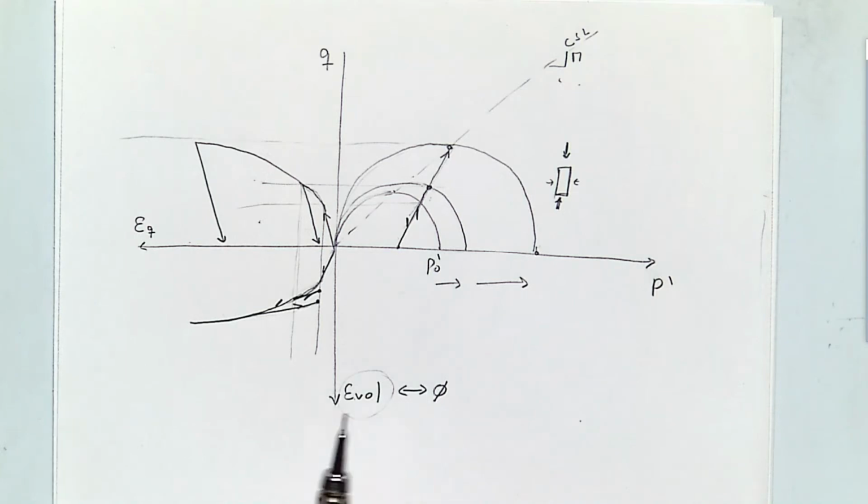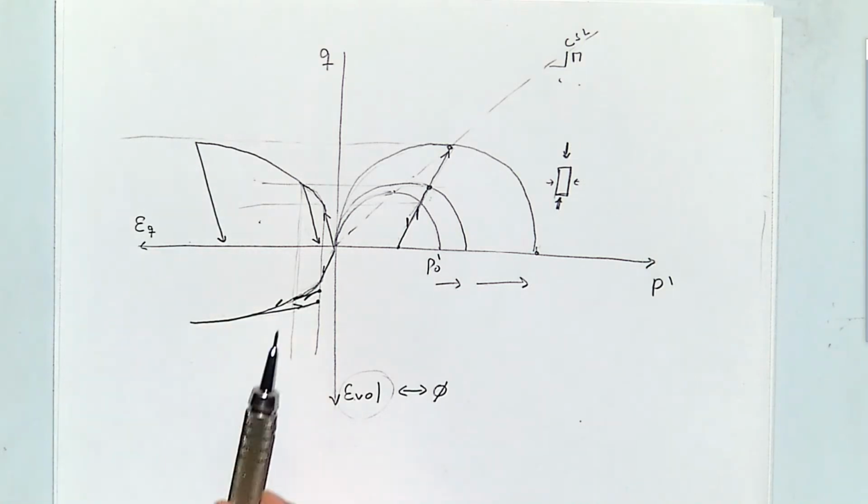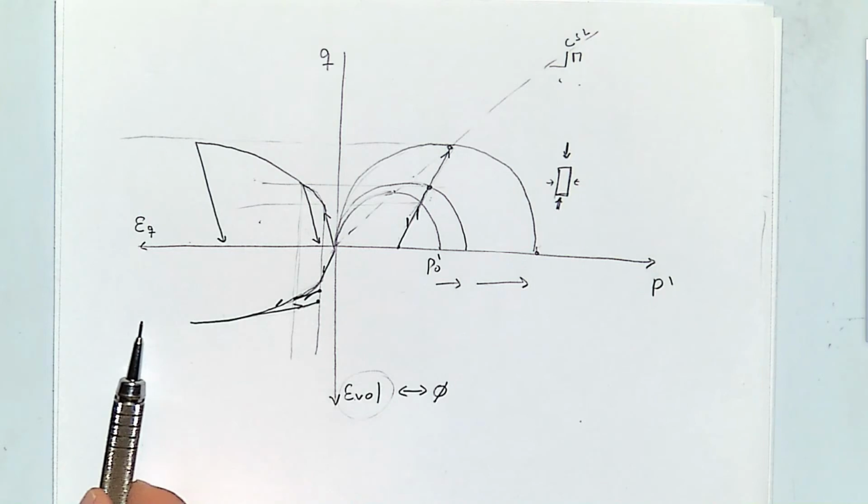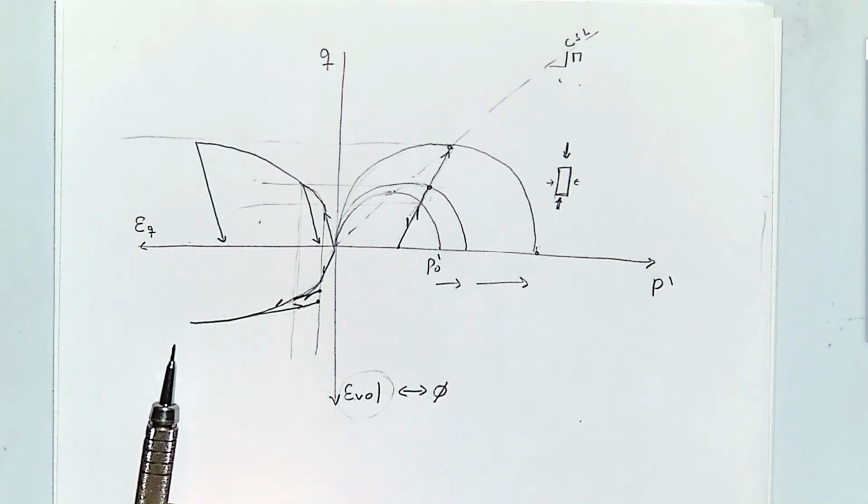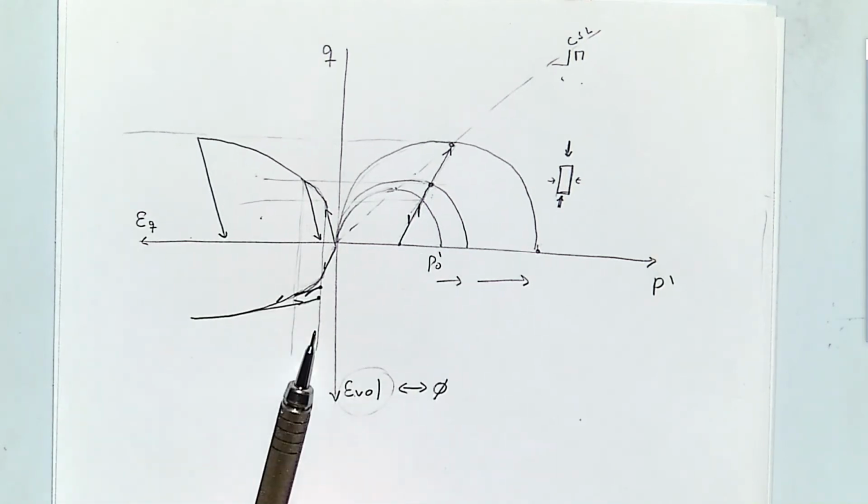But when you get to no change of volumetric strain, you can still have a deviatoric strain. That would mean that your material is shearing, but it's not changing volume. Or it's getting short in one direction, large in the other, but it's not changing volume.